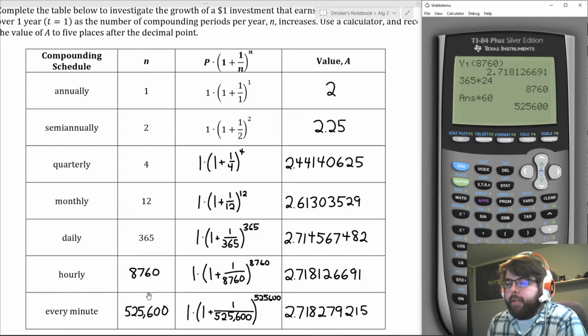So there's 8,760 hours in a year, and 525,600 minutes in a year. This is where it's really nice to use the calculator instead of trying to type these numbers in. So notice how this doesn't change that much. It does change a little at the end there.